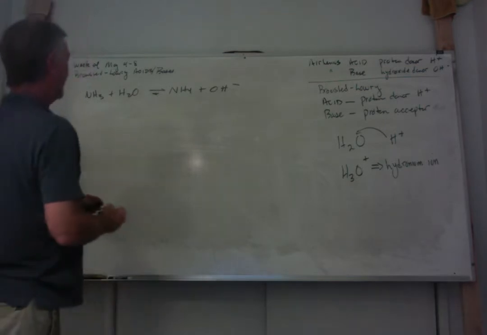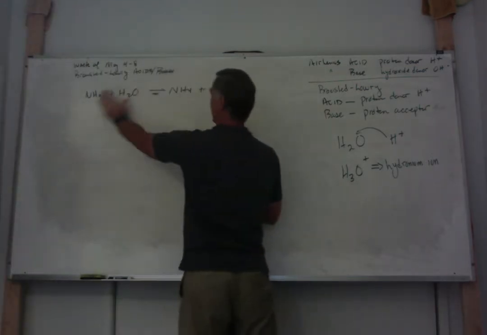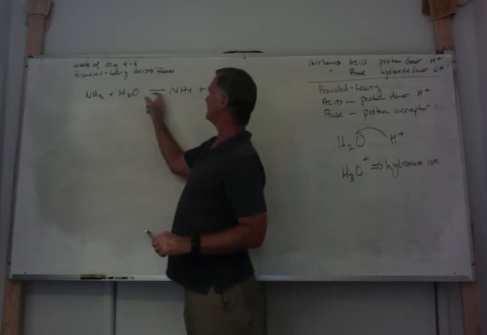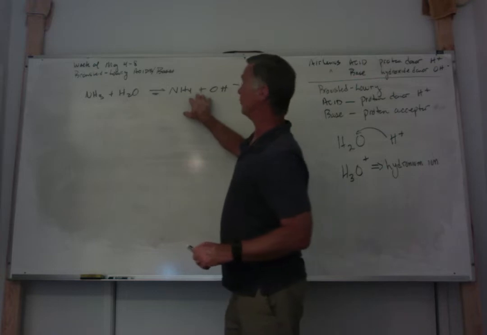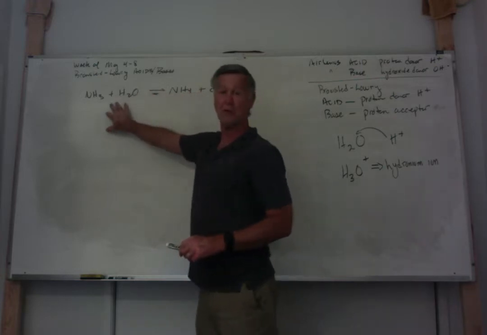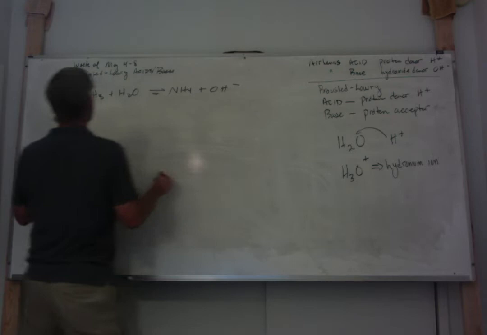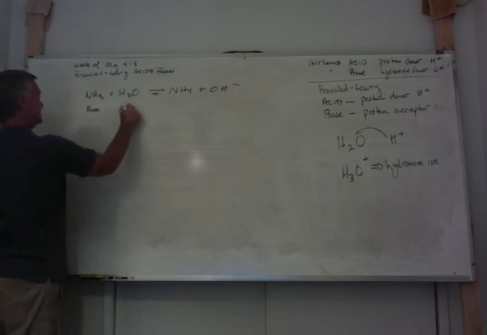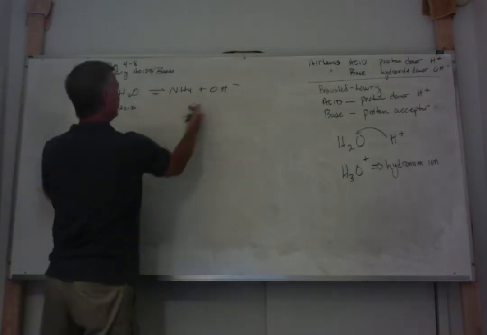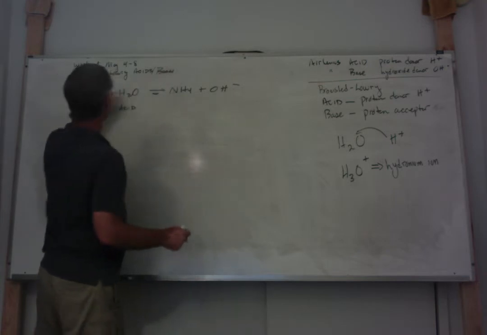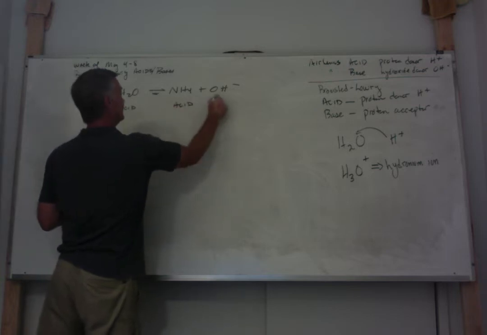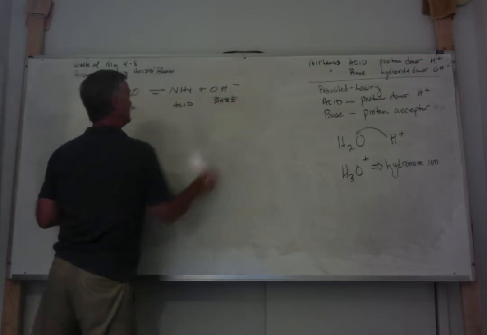This symbol means that these will break apart and form this, but these recombine to form over here. Well, in this one, this is the base, because it accepted, and this is an acid. But if I look at this in reverse, where did NH3 come from if we're going this way? Well, this is my acid, and this would be my base.